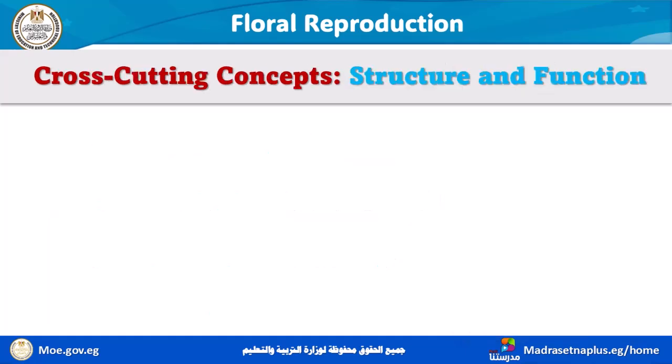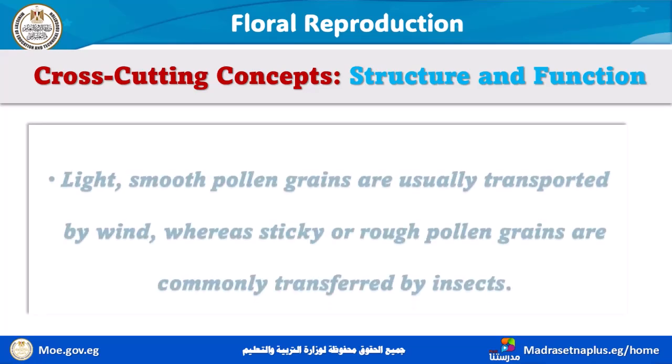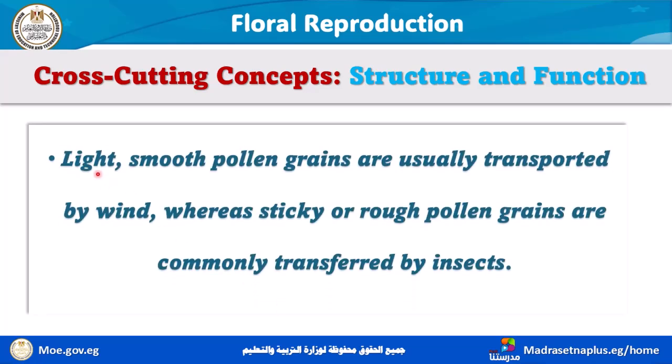Now let's learn these cross-cutting concepts, structure and function. Light, smooth pollen grains are usually transported by wind, whereas sticky or rough pollen grains are commonly transferred by insects. So, there are different characters of pollen grains.